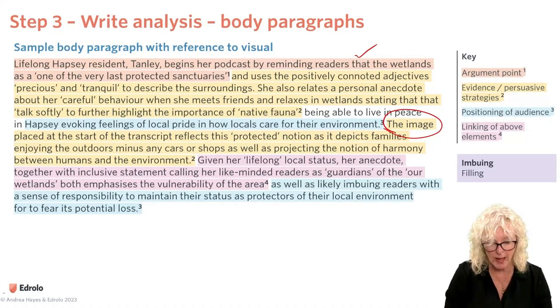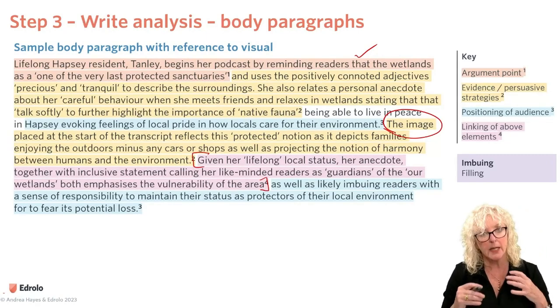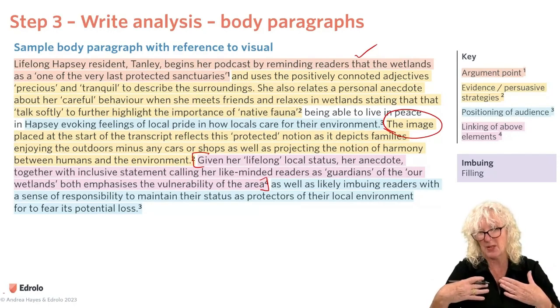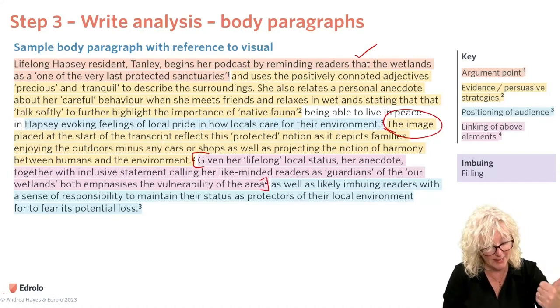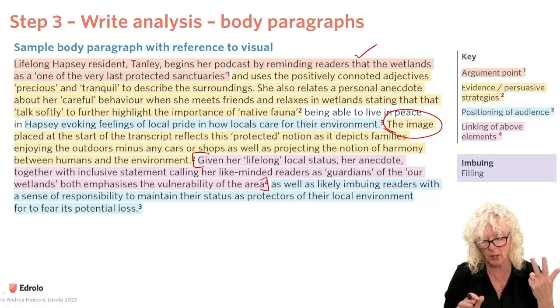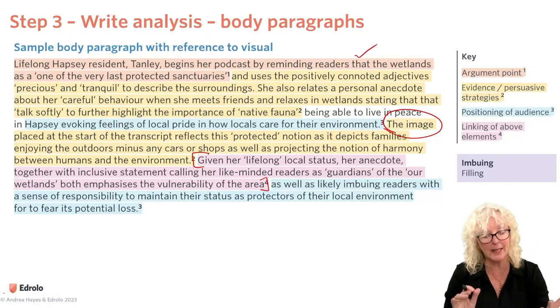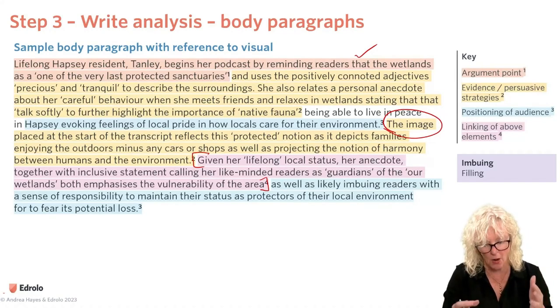Here we also have, important to note, a linking sentence here in the pink. Given her lifelong local status, so this is actually a persuasive device that's probably been mentioned earlier in this essay, her anecdote, so we've got two devices here, together with inclusive statement calling her like-minded readers as guardians, so we've got three things here, of our wetlands, emphasises the vulnerability of the area.